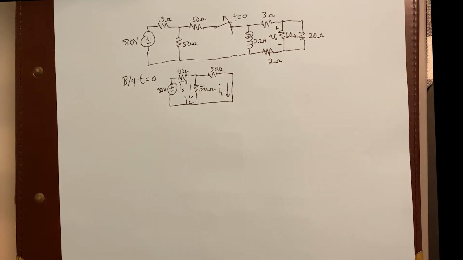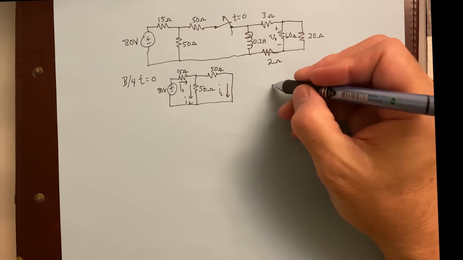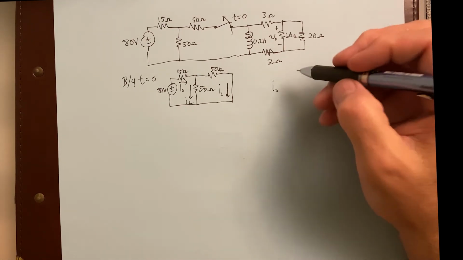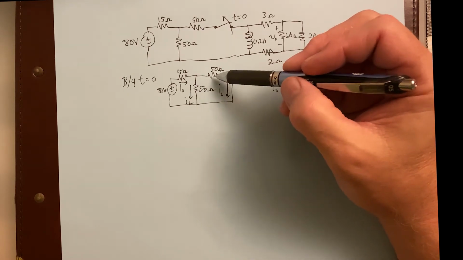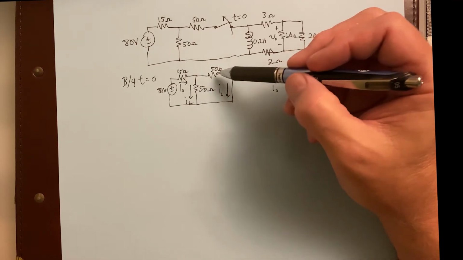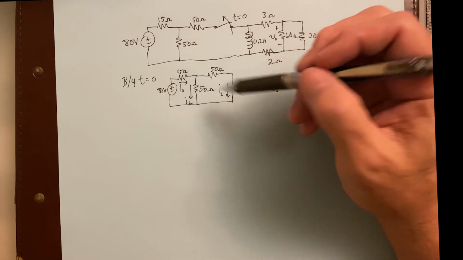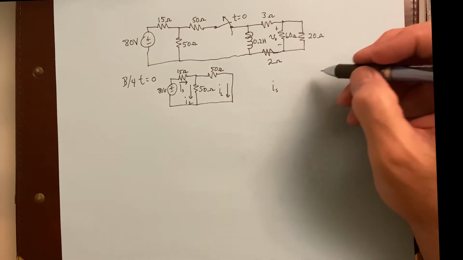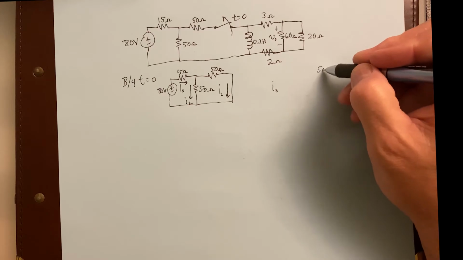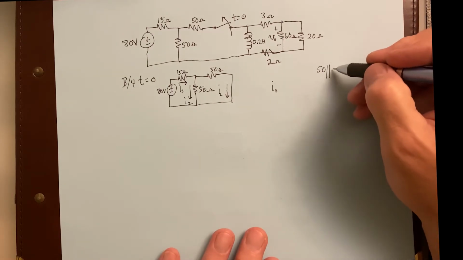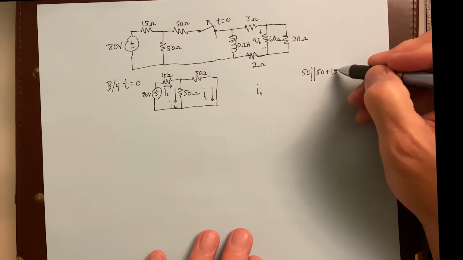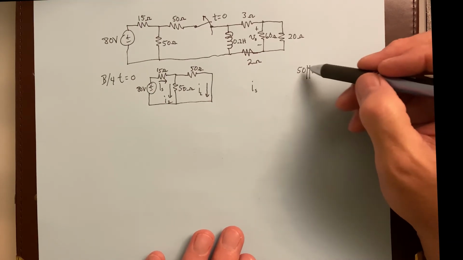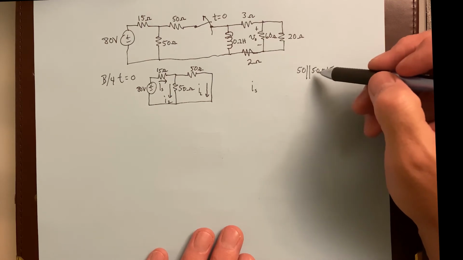All right. Well, I sub s is pretty easy to figure out if you realize you got these two 50s in parallel here. And that parallel combination is in series with that 15. So what do we got? We got a 50 that's in parallel with a 50, plus a 15. Now the 50 in parallel with 50, that's going to give you a 25.